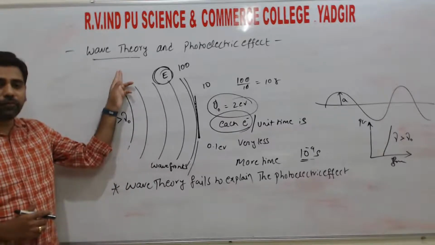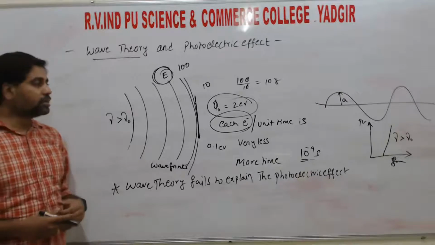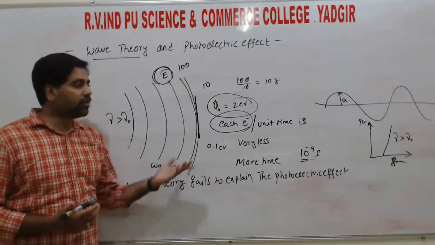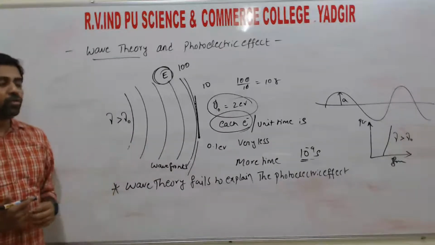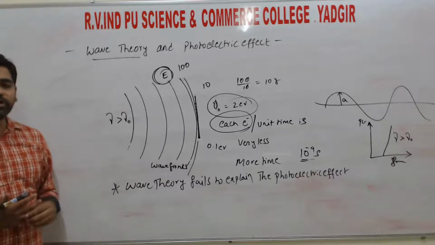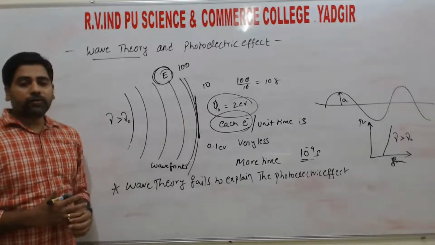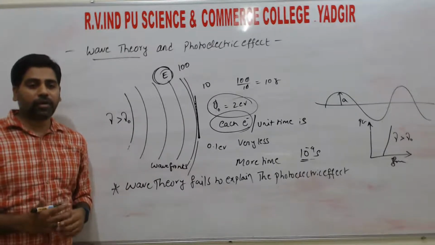So that also fails to be explained by the wave theory. And the third one is there is no relation between the energy and frequency. Hence there will be no concept of threshold frequency and no concept of stopping potential. Hence it also fails to explain stopping potential, saturation current and threshold frequency.